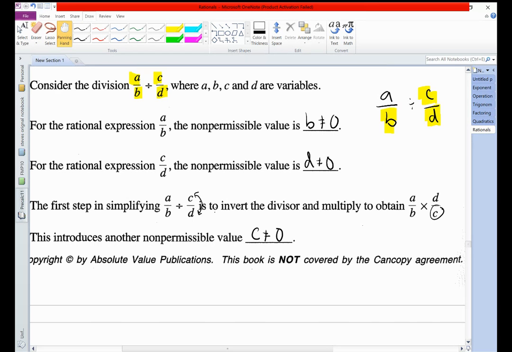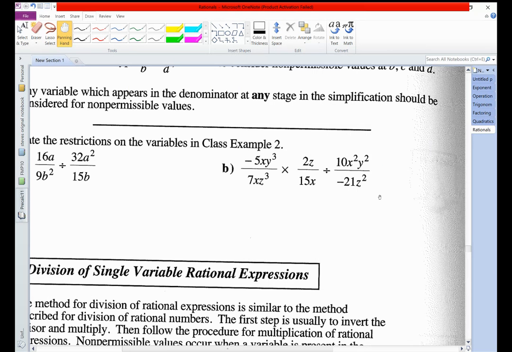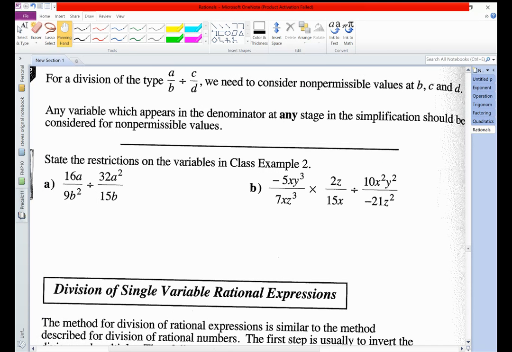So we'll go over a couple of examples here. Any variable which appears in the denominator at any stage in the simplification should be considered for non-permissible values. So here it just says state the restrictions on the variables in class example 2. So we just did these equations, but we're not going to resolve them. We're just going to state the non-permissible values.